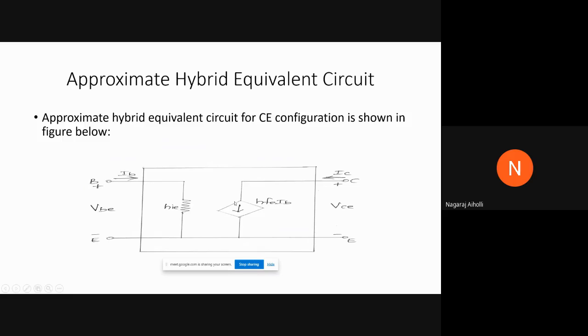Are you following here, students? Sumit, are you following here? Shubham, are you following here?